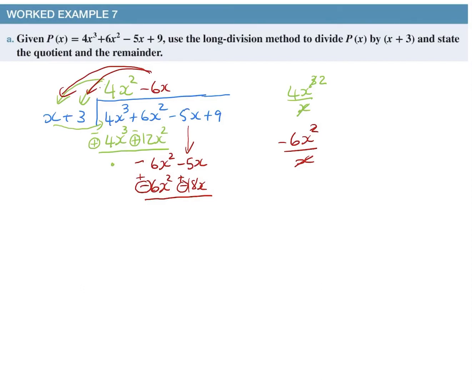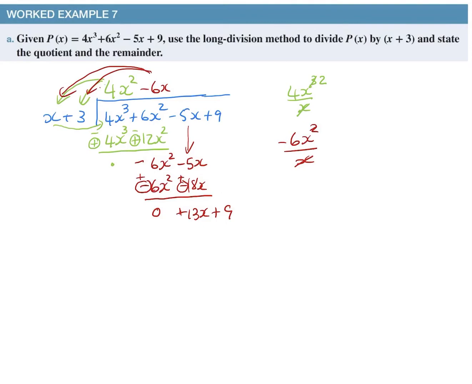That gives us negative 6x plus 6x gives us 0. Minus 5x plus 18x will give us plus 23. That's a lie. 18x take away 5 will give us plus 13x plus 9.